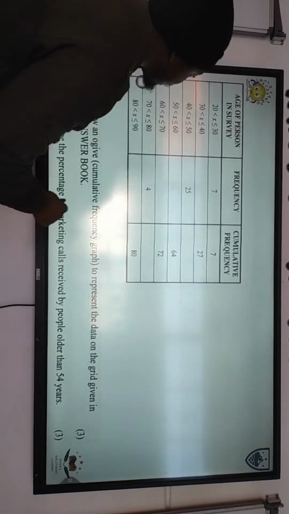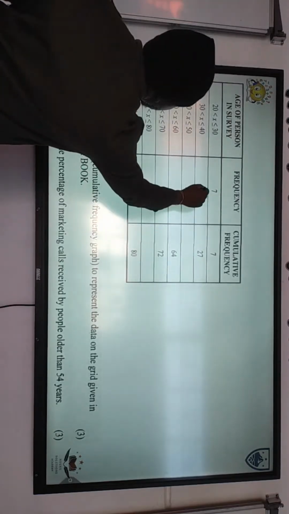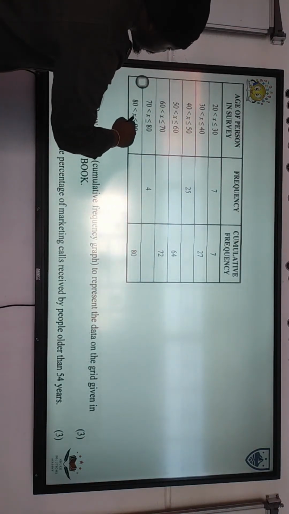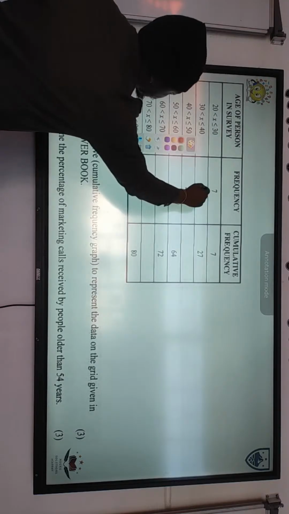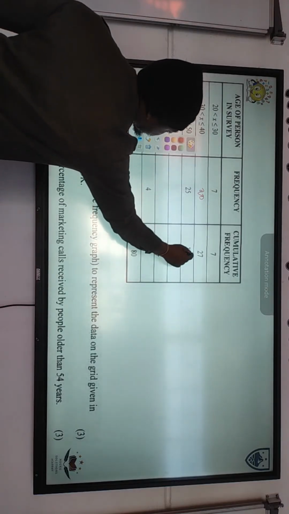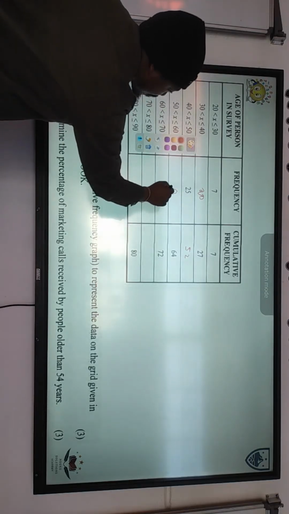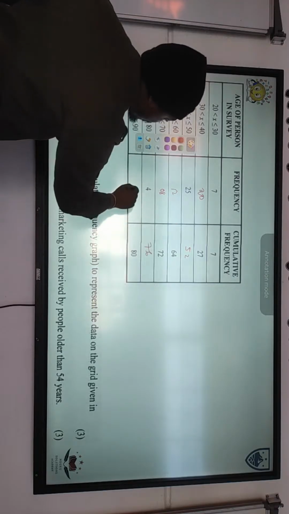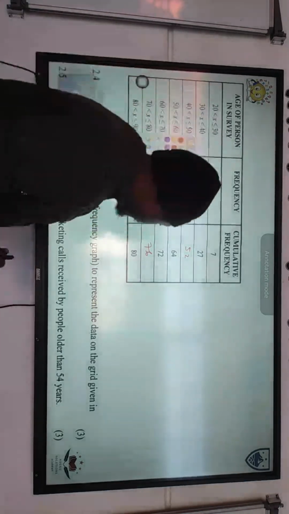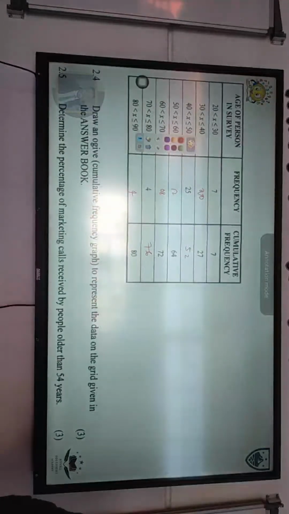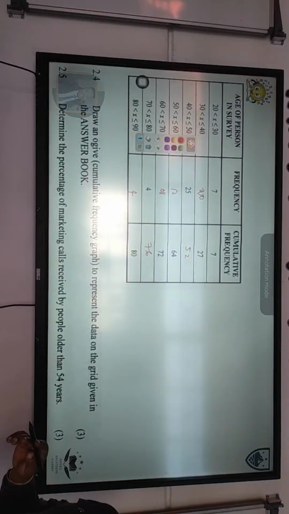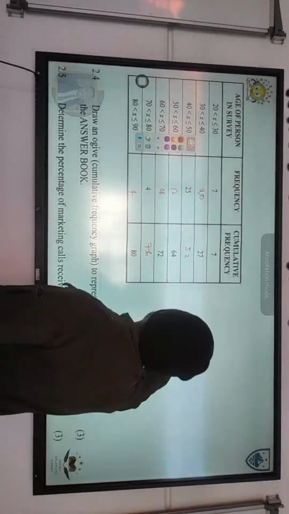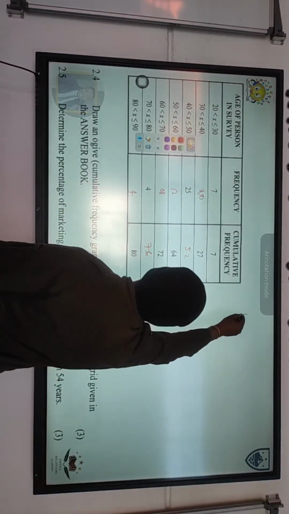Right, those numbers again. This was how much? 20, né? 20. Good. Now, this one part, that's the reason why we are doing this problem, is for the cumulative frequency graph to represent the data.